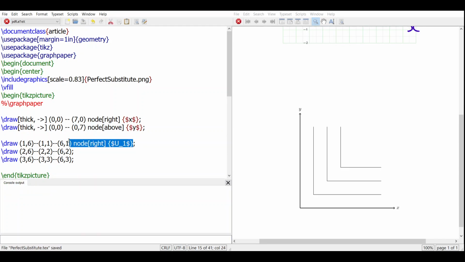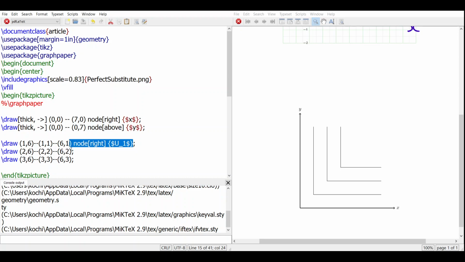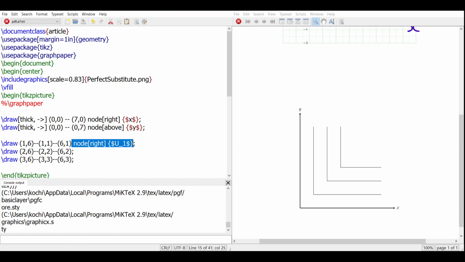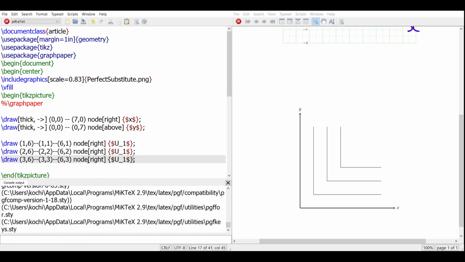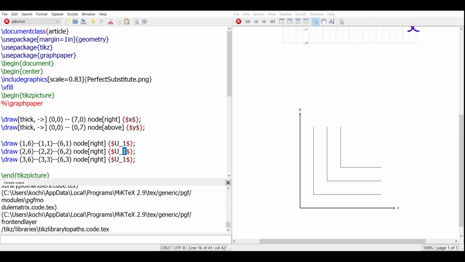Let's see the graph output first, and then you may want to say U2 and U3 represent the indifference curve of different levels, maybe U1, U2, U3.